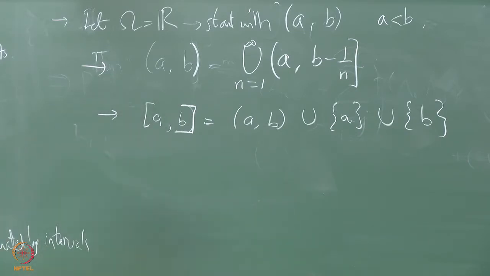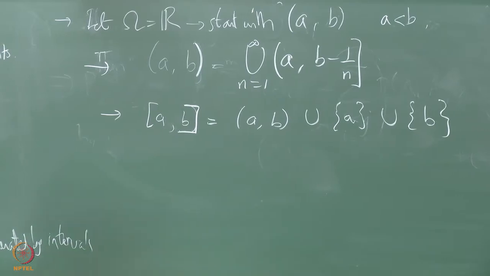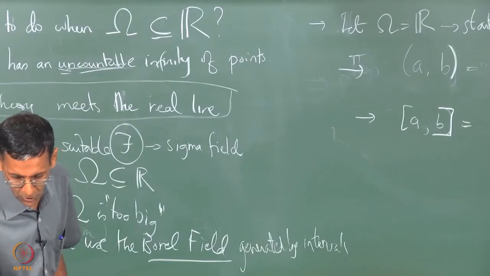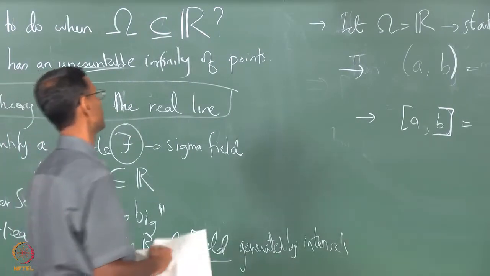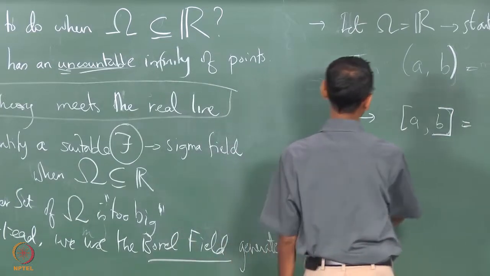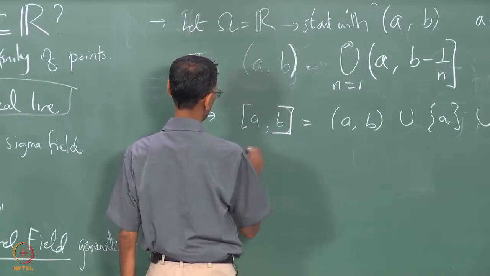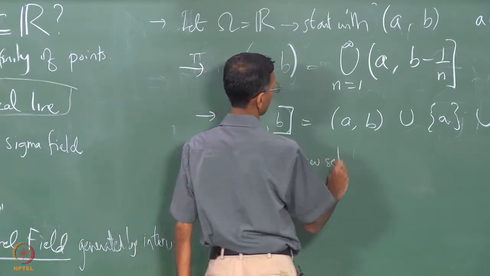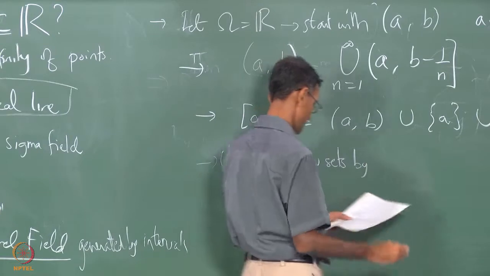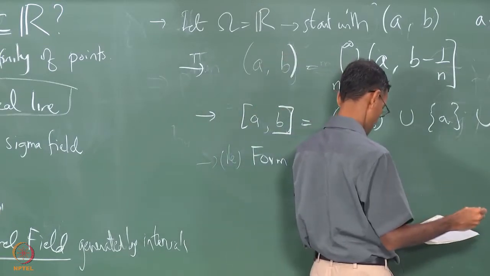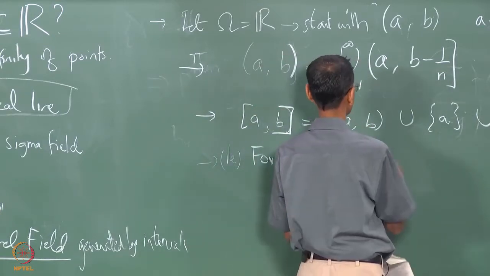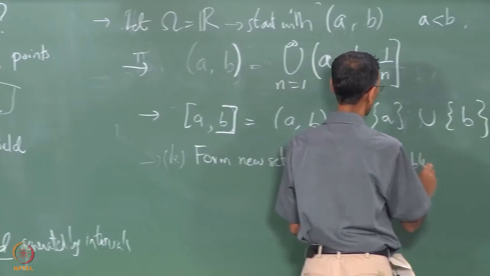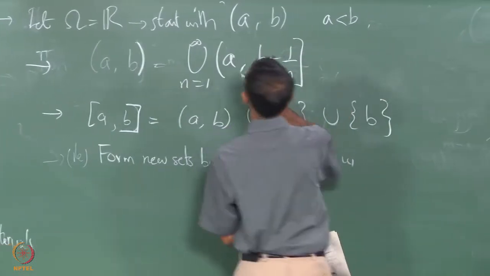In other words, let me write it in English: you repeatedly form new sets by taking countable unions and intersections and complements. We are allowed to take countable unions like this.